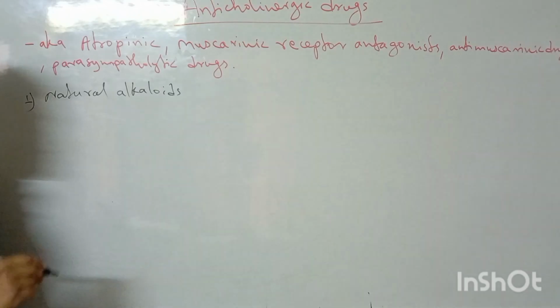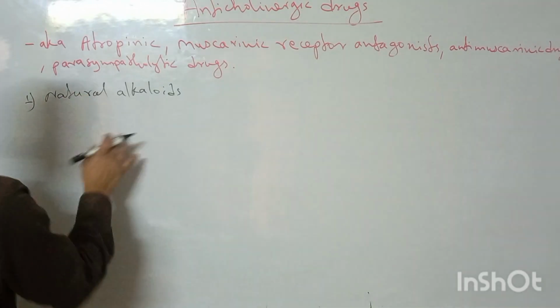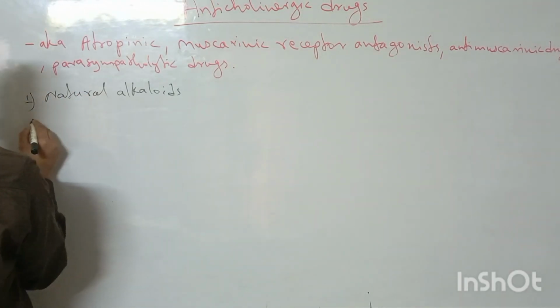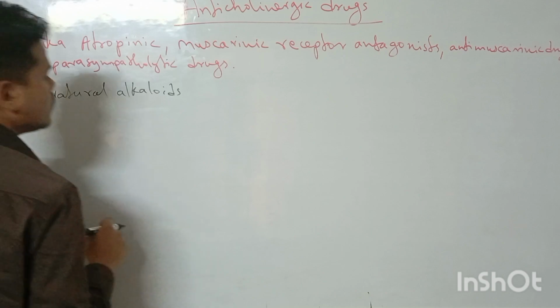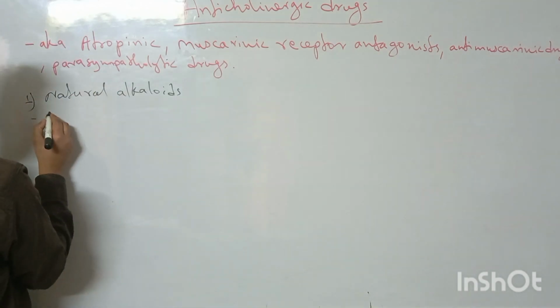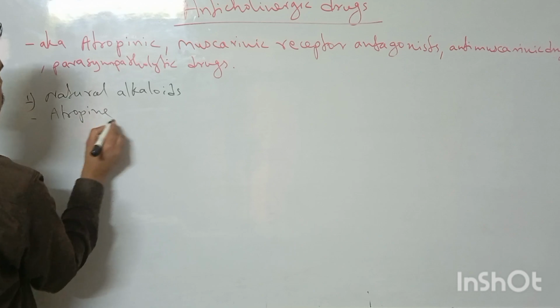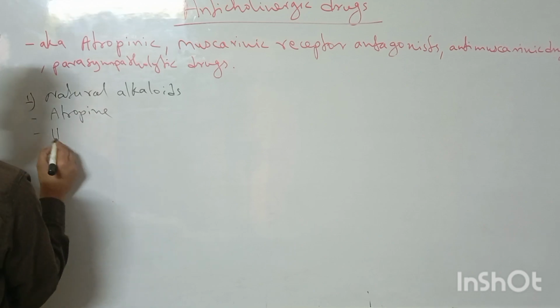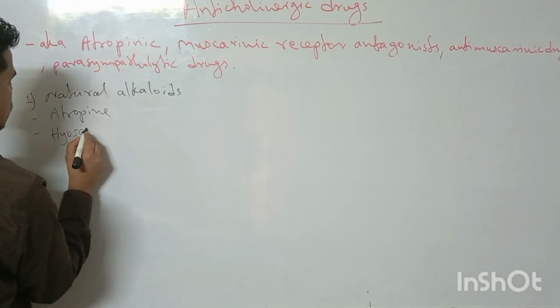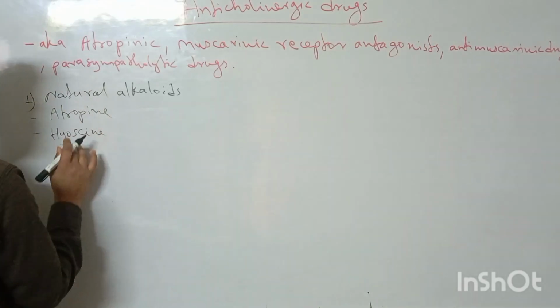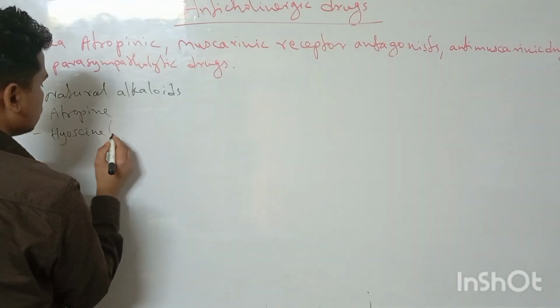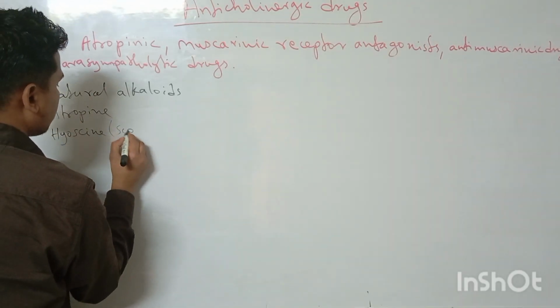This category is very important. The examples are atropine, a very important drug, and hyoscine. This hyoscine is also known as scopolamine.